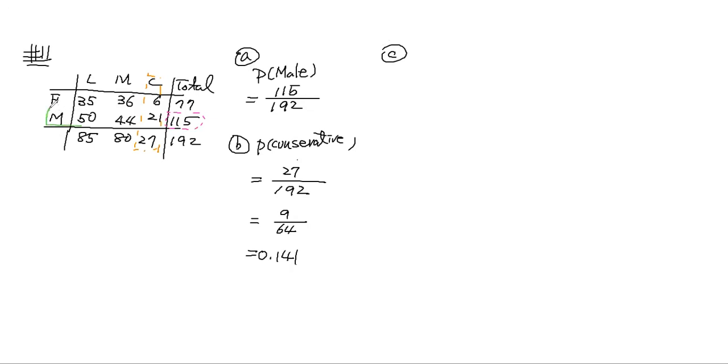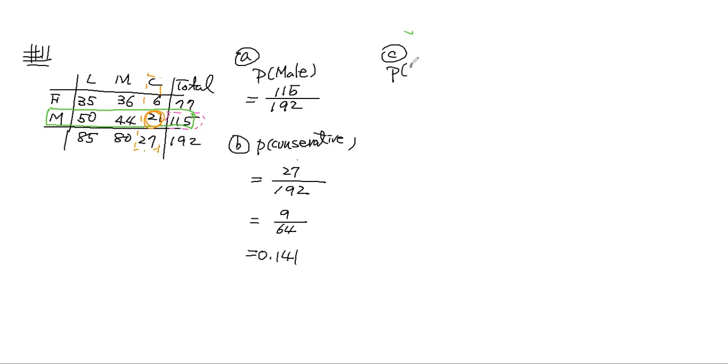Here is my male population from this sample. What percent of the male consider themselves to be conservative? So out of the 115, how many males are conservative? 21 here, right? So that's why the probability is here.